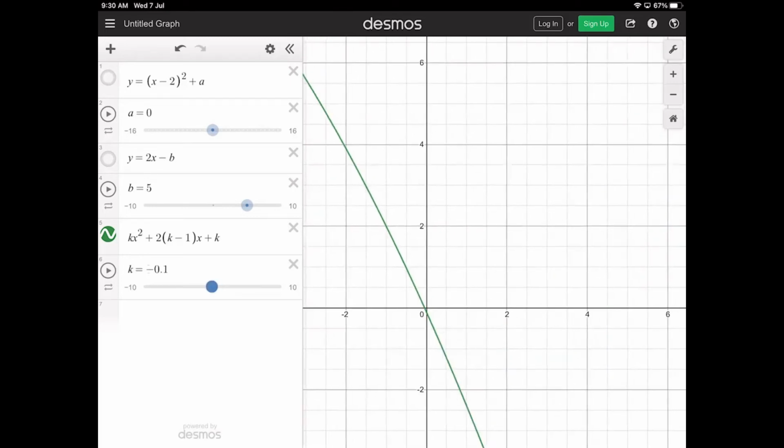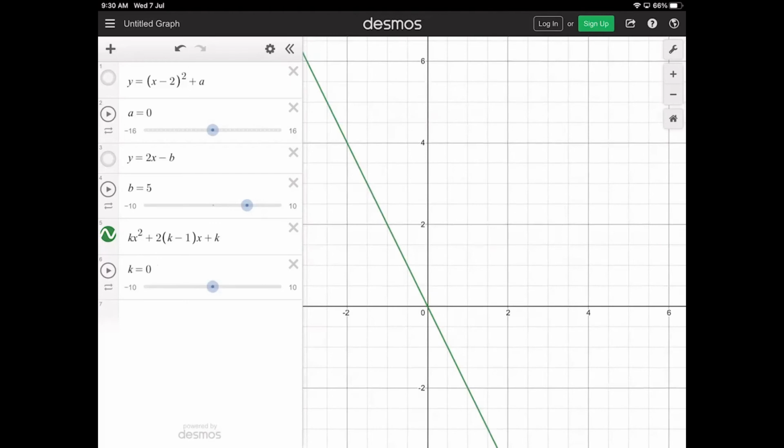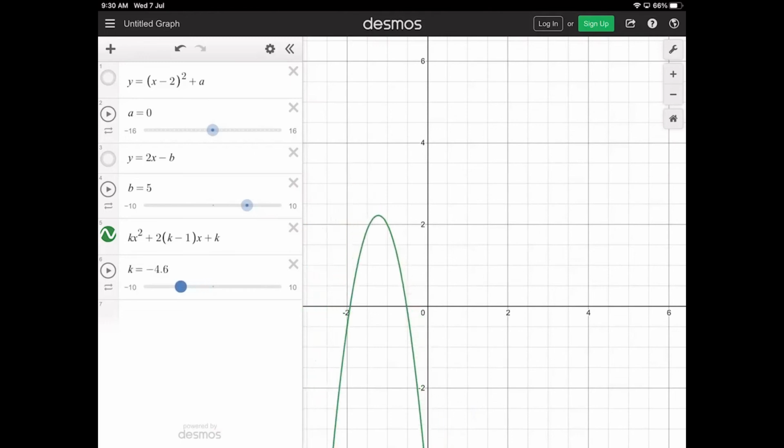So if I made k equal to exactly 0, you can see we're actually going to get the line y equal to minus x. And as we continue decreasing the value, we will continue getting two solutions. So any value less than a half, and we will get two real solutions.